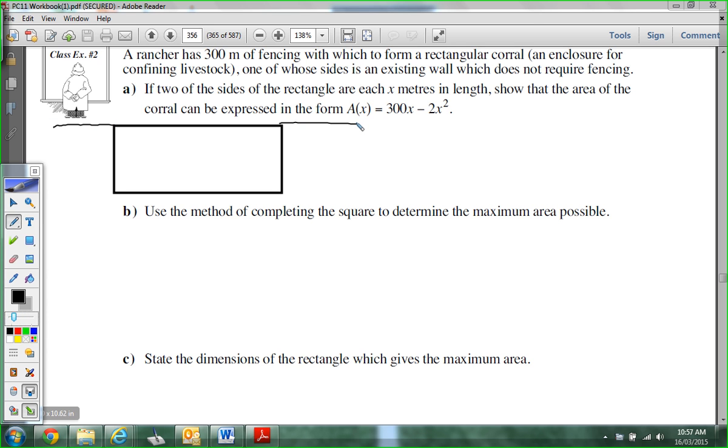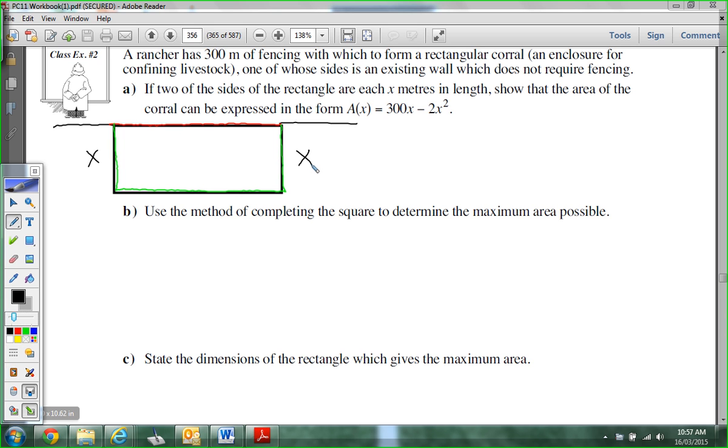So we don't need fencing here. We only need fencing for these 3 sides. That's the only 3 sides we need fencing for. And then they tell us that the short sides are going to be our x sides. And so it wants us to figure out why we can represent the area as (300 minus 2x)x.